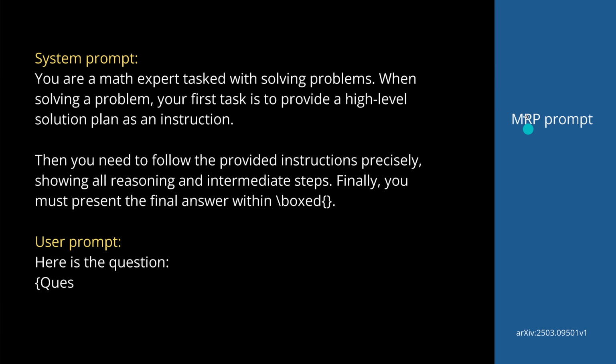Next one here is already our meta-thinking reasoning. So we say, hey, you are still a math expert tasked with solving problems, but when solving a problem, your first task is, as a single agent, to provide a high-level solution plan as an instruction for the next calculation. And then you need to follow the provided instruction that you came up with, my little AI, precisely.